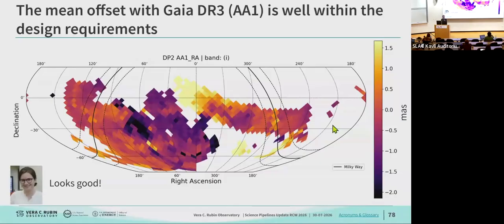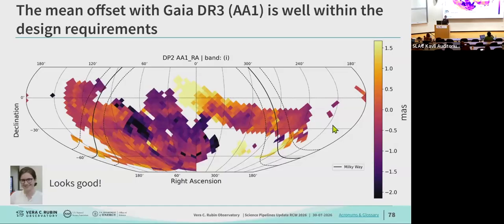The solar system science unit looked at just the asteroids that had orbits constrained by observations in the Gaia data and found that the 20 milliarcsecond offset did disappear.